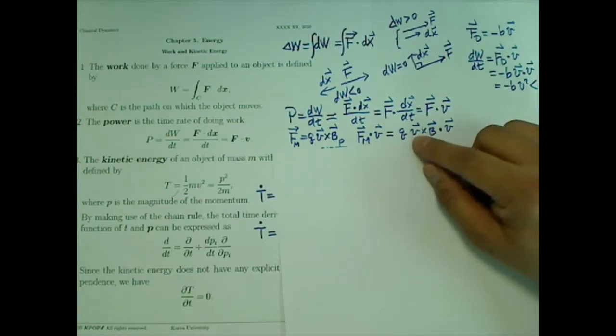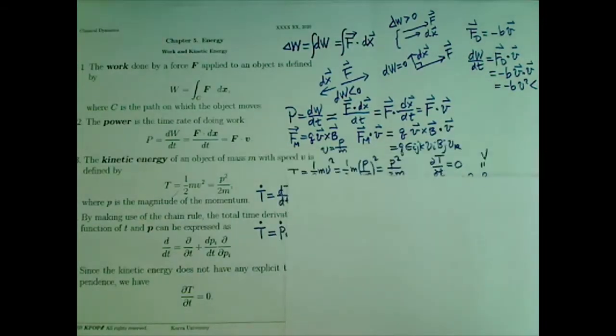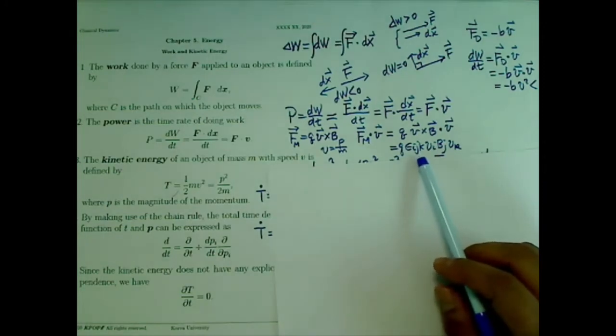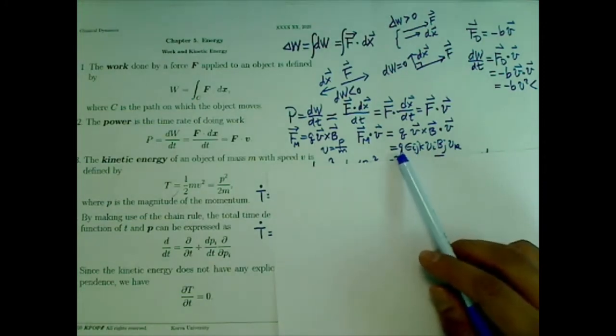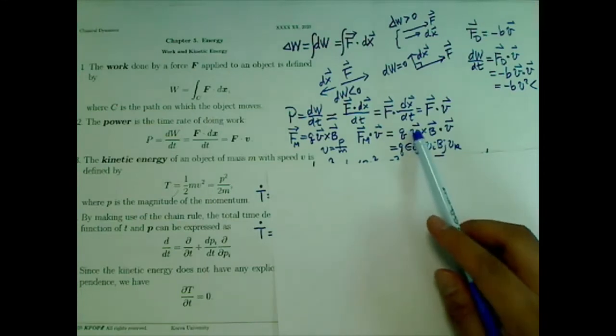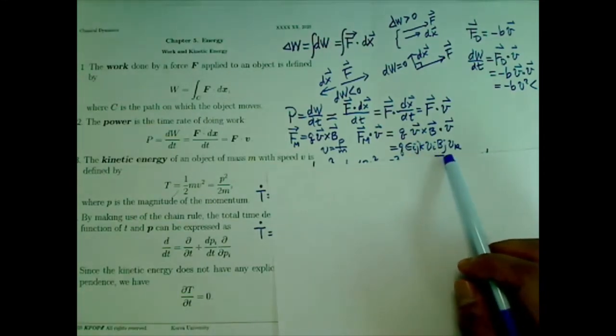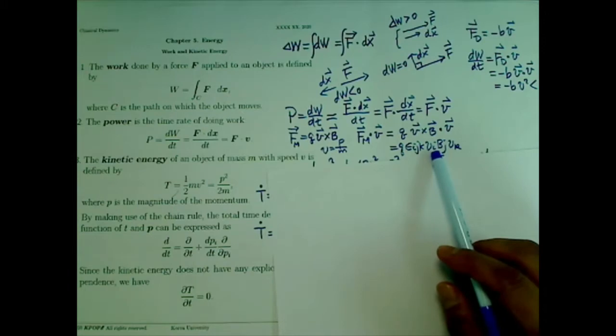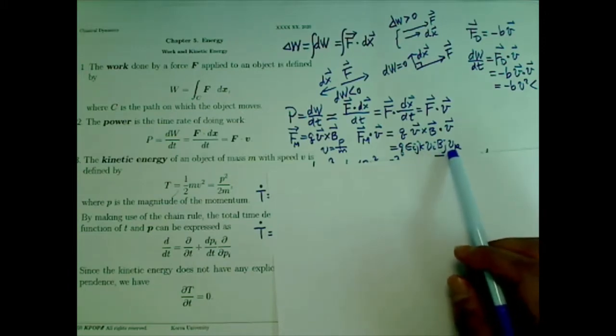This is a triple scalar product, and it should be something like Q epsilon ijk, three vector indices. The first index is i, second index is j, and third index is k.